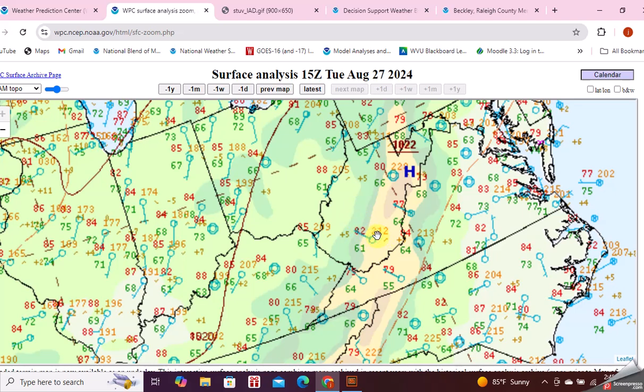It would be 995.9. That's all you're doing here. If that number is greater than 500, you put a 9 in front of it. If it's less than 500, you're probably putting a 10 in front of it.